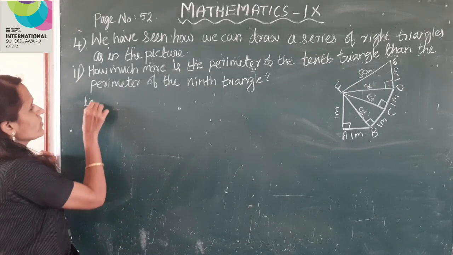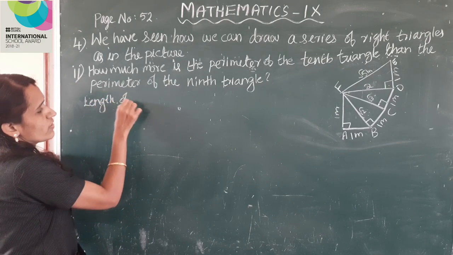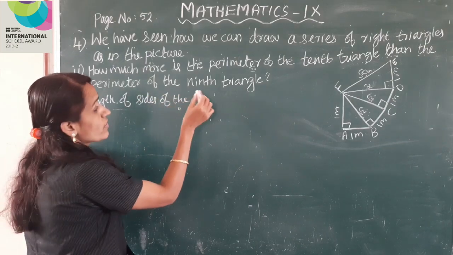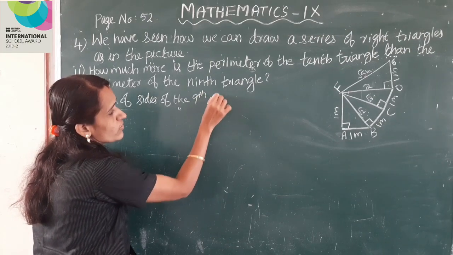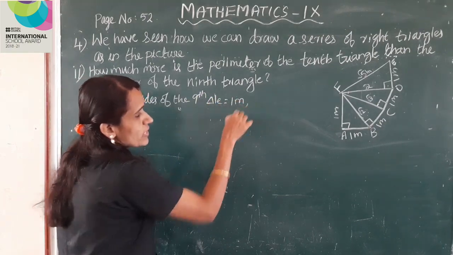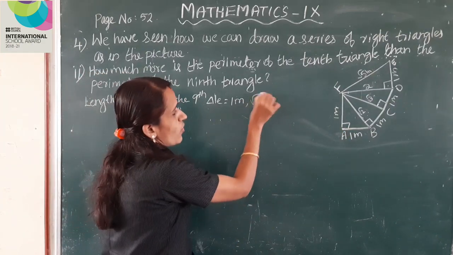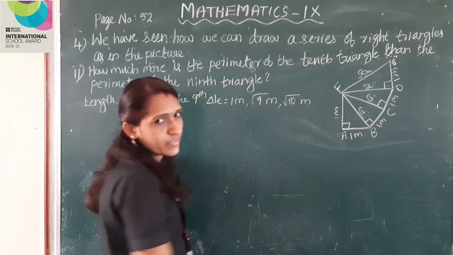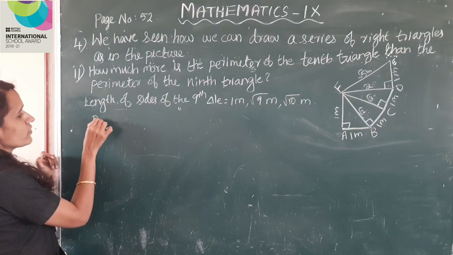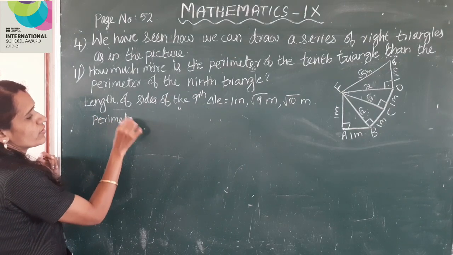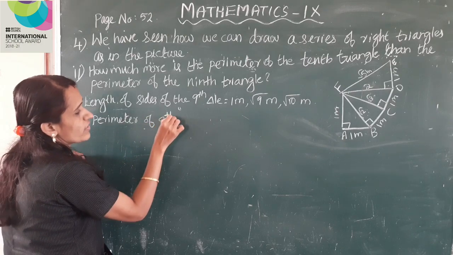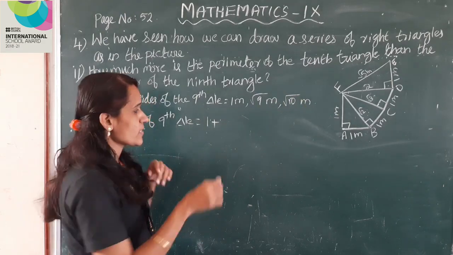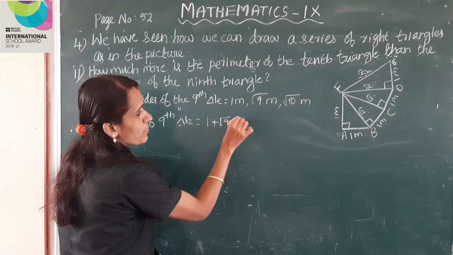Length of the sides of the 9th triangle: base is 1 meter, altitude is root 9 meter and hypotenuse is root 10 meter, right? So the perimeter of the ninth triangle is the sum of these three sides: 1 plus root 9 plus root 10.